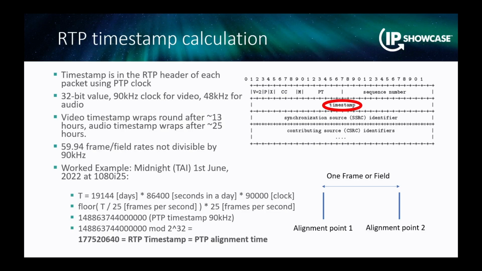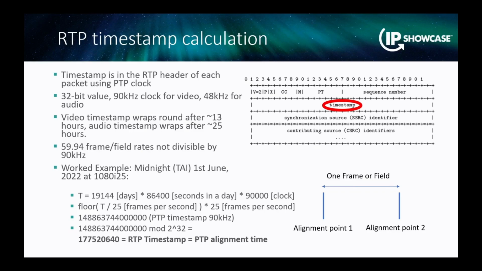So 1,944 days times 86,400 seconds in a day times 90,000, which is the clock rate. We divide that by 25 frames per second, and then we multiply it by 25 frames per second again. So that gives us the previous alignment point to now, or to that time point.